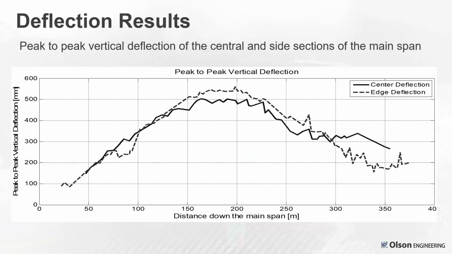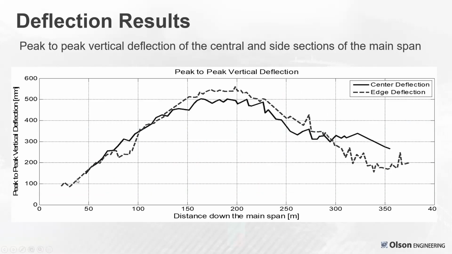This shows the maximum peak-to-peak vertical deflections in millimeters of the center of the beam, right down the center of it, versus the outside northern edge deflection on the cantilever part, as I mentioned earlier. So earlier, this twist in the extreme was getting up to 9 feet that it was moving, 2.7 meters.